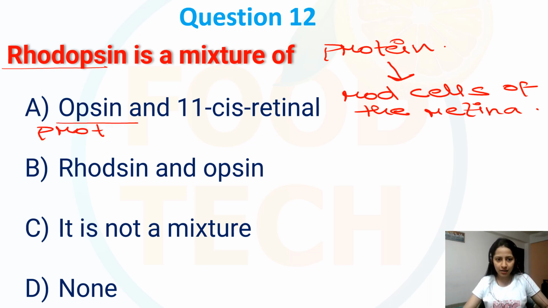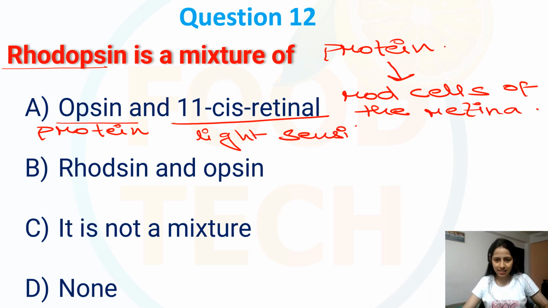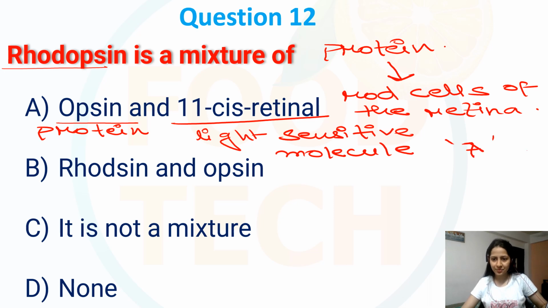The next one is 11-cis retinol. 11-cis retinol is a light sensitive molecule that is derived from vitamin A. So my correct option is option number A, that is opsin and 11-cis retinol.